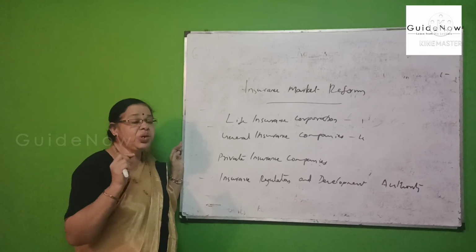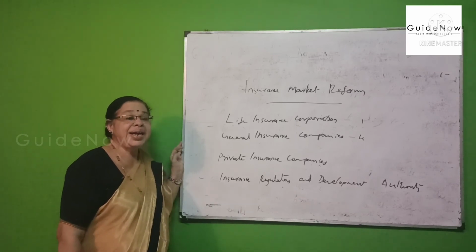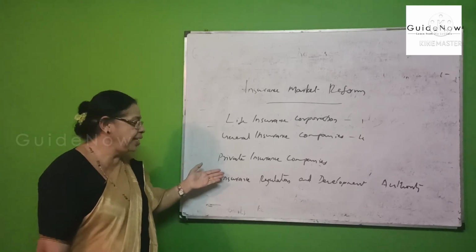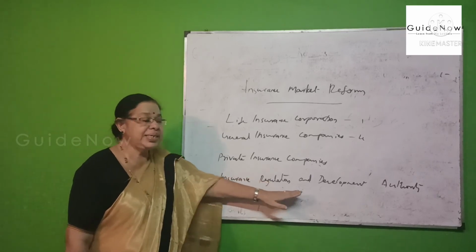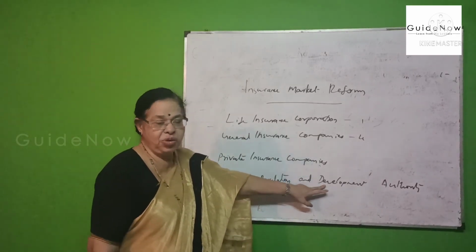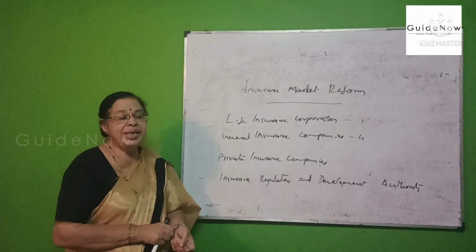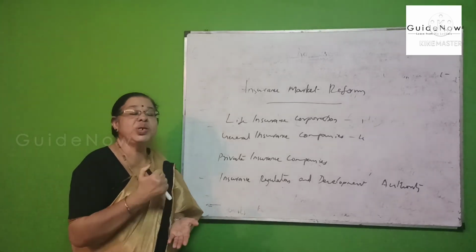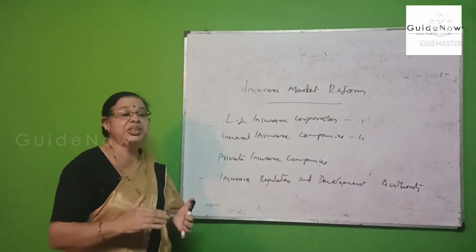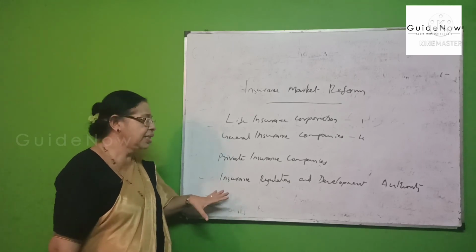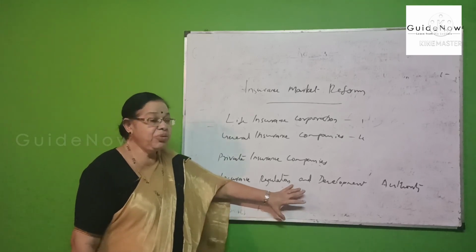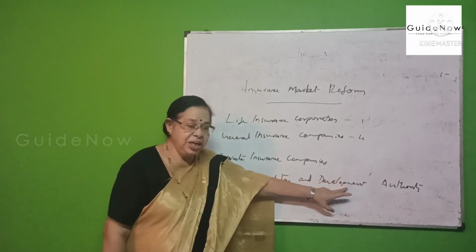But in order to control and regulate, IRDA was started by the government. IRDA means Insurance Regulatory and Development Authority. In order to control and regulate private insurance companies, a particular authority was appointed by the government, known as the Insurance Regulatory and Development Authority.